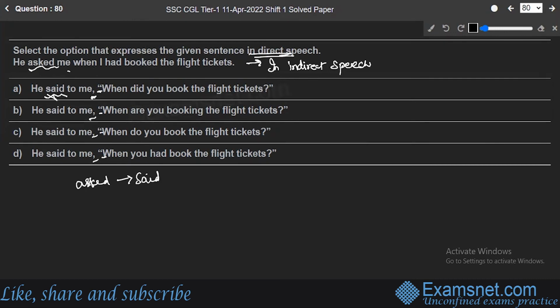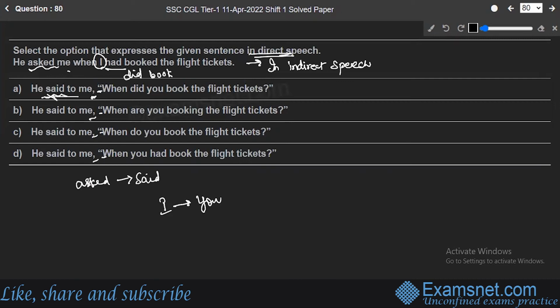Had booked will be changed to did, and you know you have the first form with did, so it will be did book. Then I will be changed to you. And we know that in direct to indirect transformation, second person pronouns are changed according to the object of the reporting verb. So what will be the correct option?